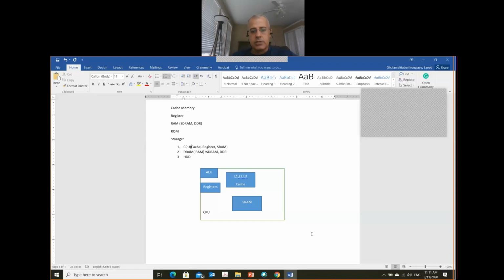DRAM is located on the motherboard, and HDD is a separate unit outside the motherboard, and it is the slowest but with the highest capacity element inside the computer. So HDD is the least expensive one, and CPU memories are the most expensive and also fastest type of memory. Questions so far?